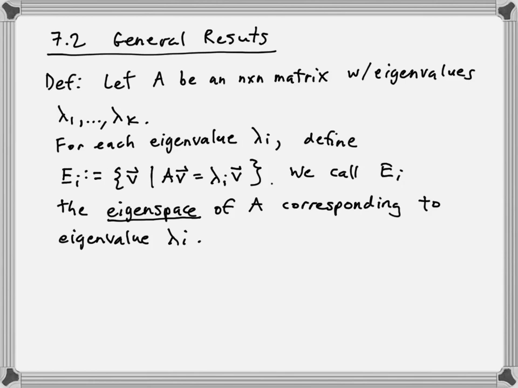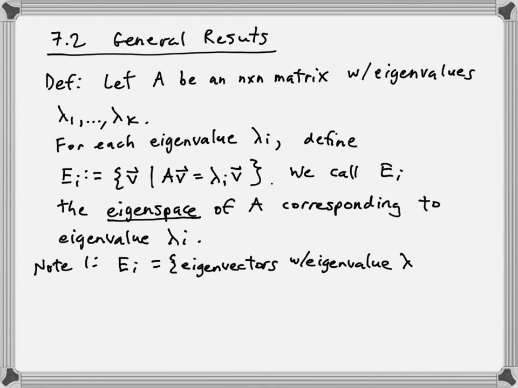So let me just do a few notes. So note 1. E_i is defined to be the set of all eigenvectors with eigenvalue lambda i, together with, that's a union symbol, the zero vector.